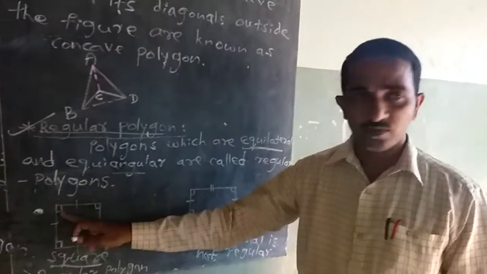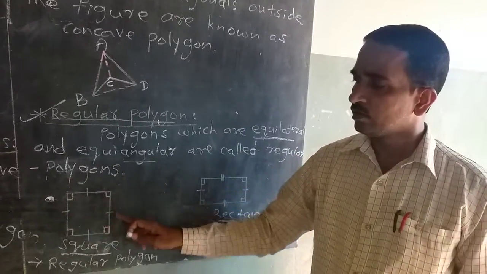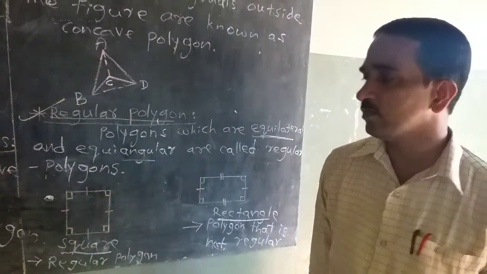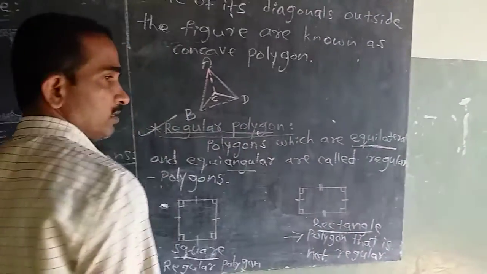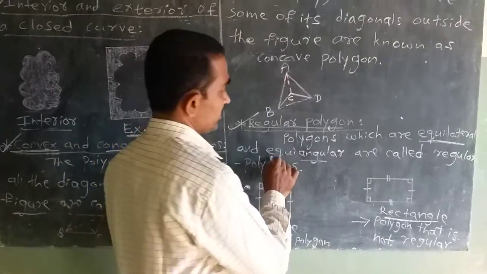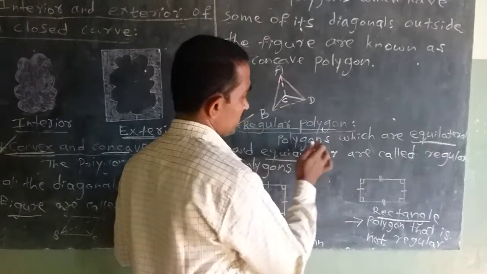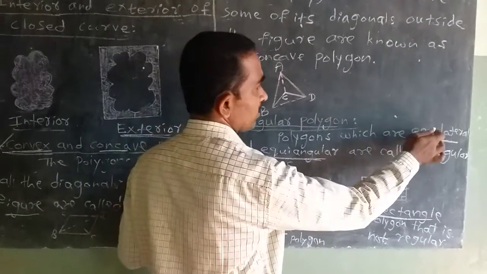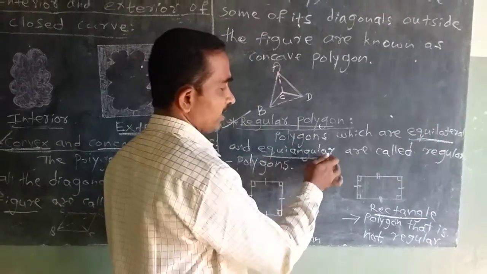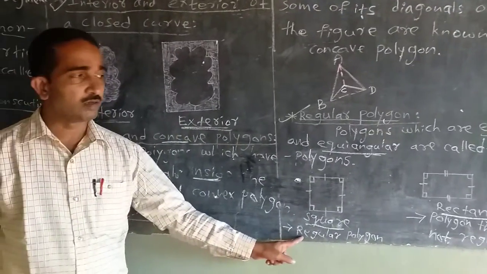See this marking, this is the 90-degree angle marking. 4 90-degree angles are there, means all are equal in measure. That's why this is equiangular. Here the polygon, the square, is equilateral and equiangular. That's why this is a regular polygon.